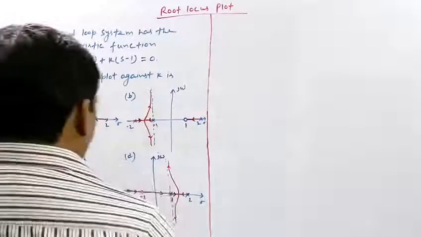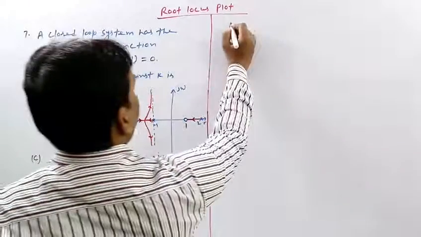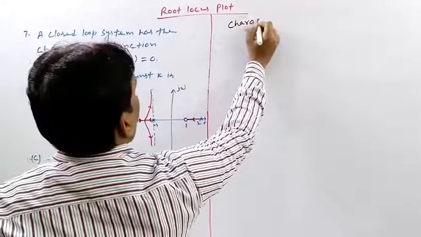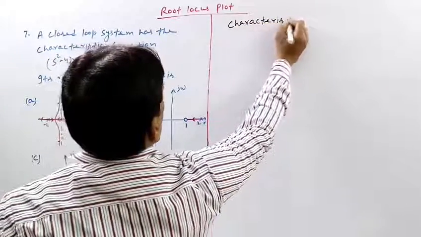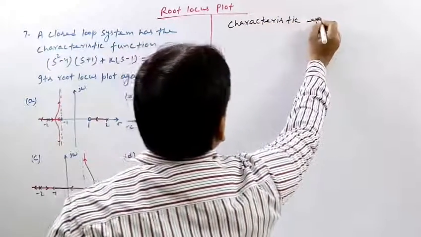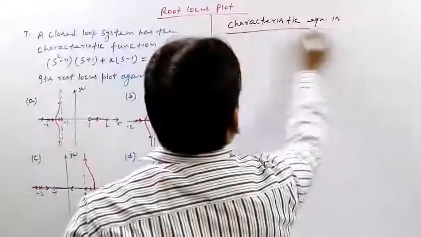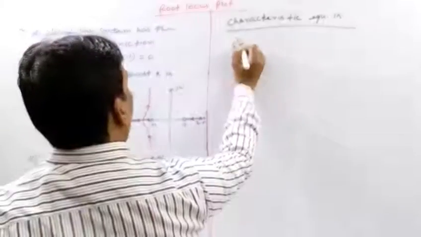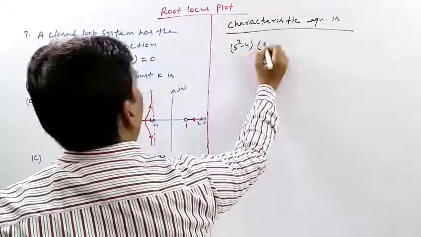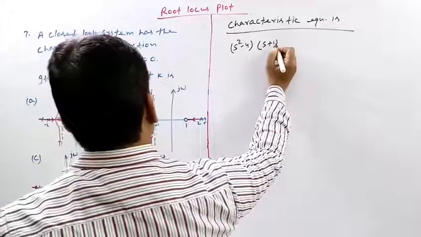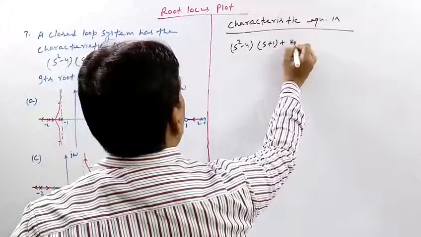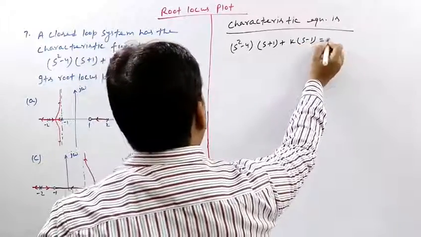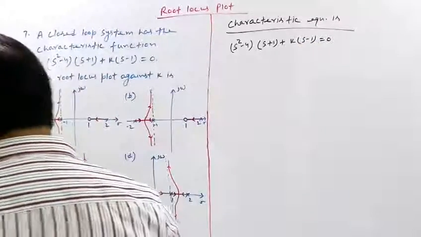The characteristic equation is s square minus 4 multiplied by s plus 4, plus K multiplied by (s minus 1), equal to 0.